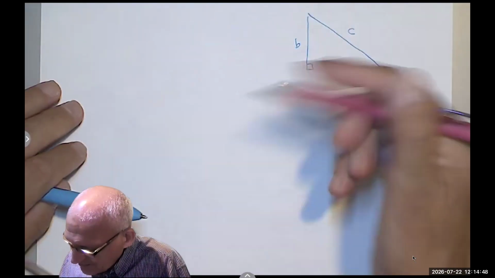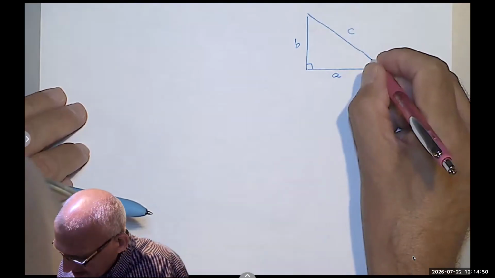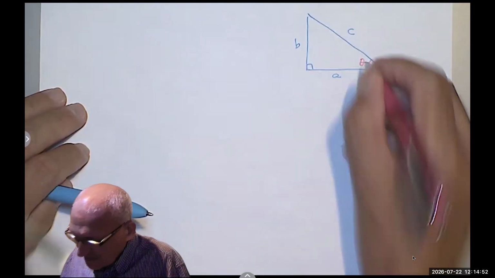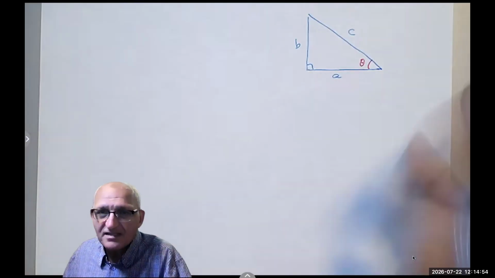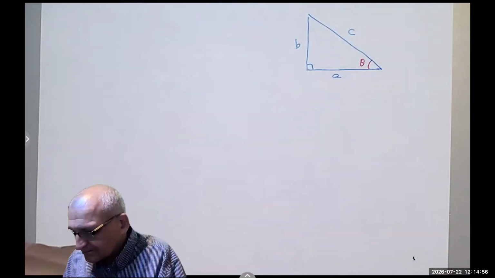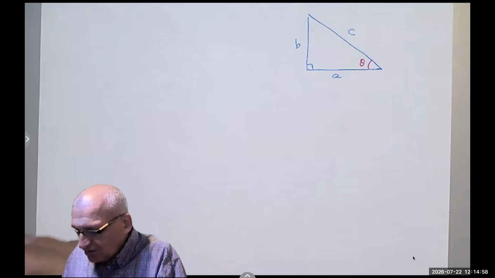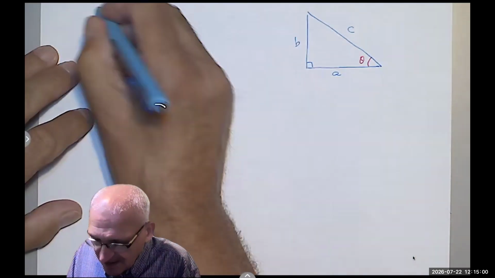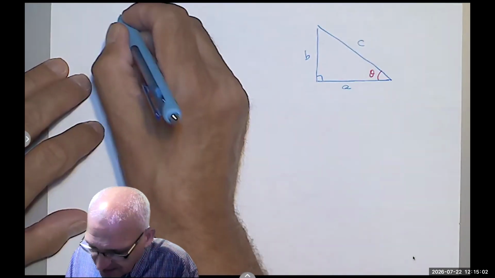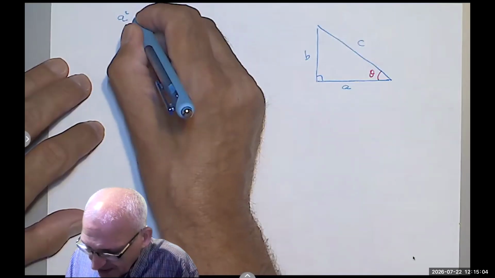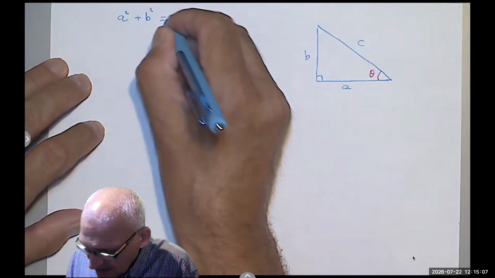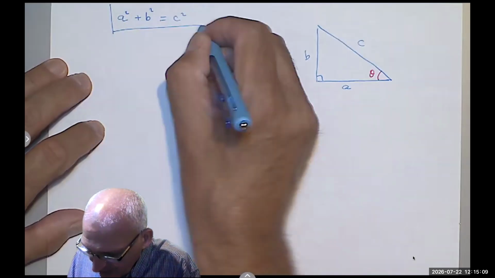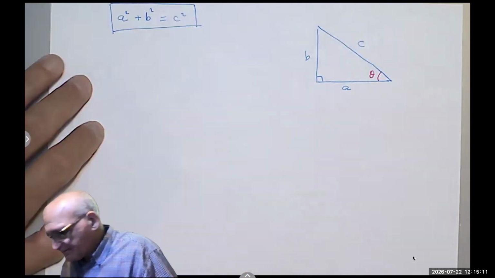But in fact, I'm going to call this theta. We will be using a letter theta or X for the angles a lot. The first thing we know about the triangle, thanks to Pythagoras, is the Pythagorean theorem, a squared plus b squared equals c squared. So keep that in mind for now.